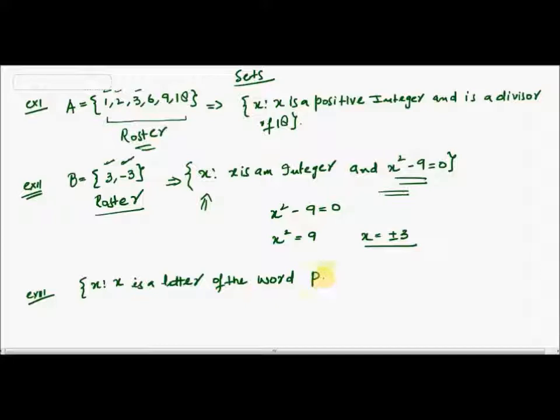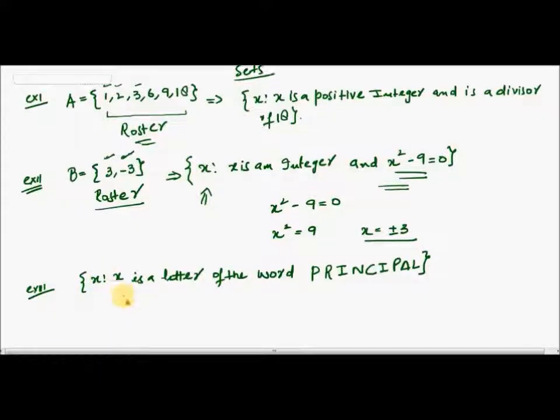So we have P, R, I, N, C, I, P, A, L. You have to convert this into a roster form.